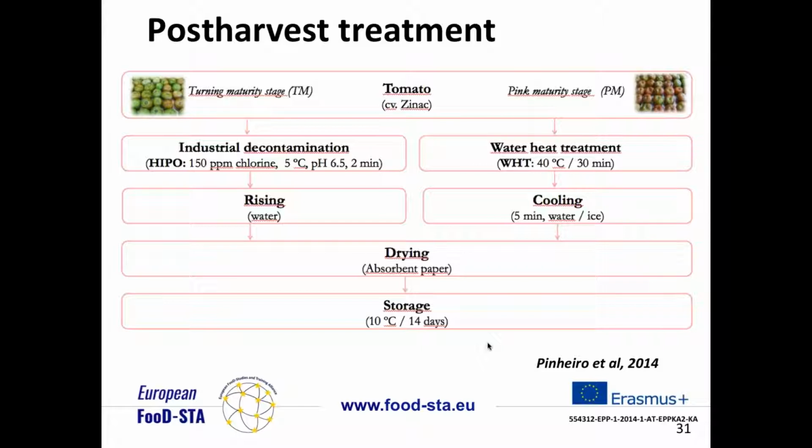So we did some water treatments at 40 degrees during 30 minutes, and then cooling, and after that drying, and then storage. And this was compared with industrial decontamination with hypochlorite.